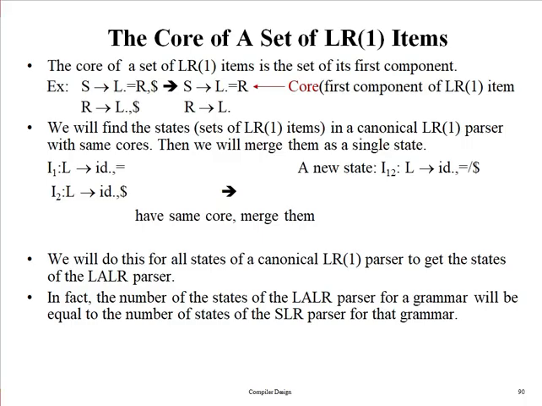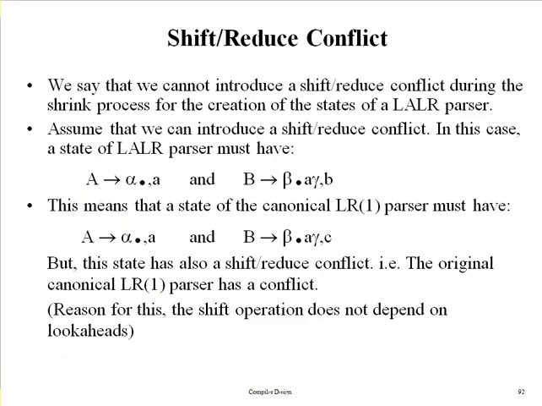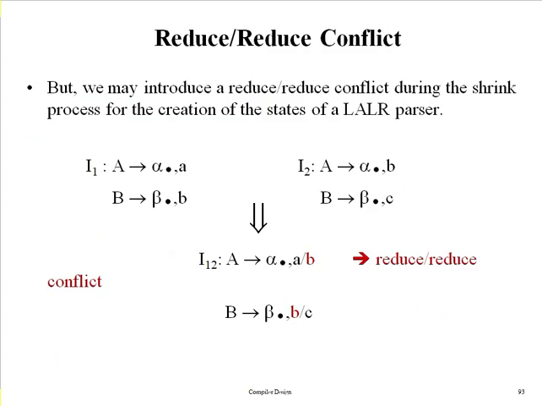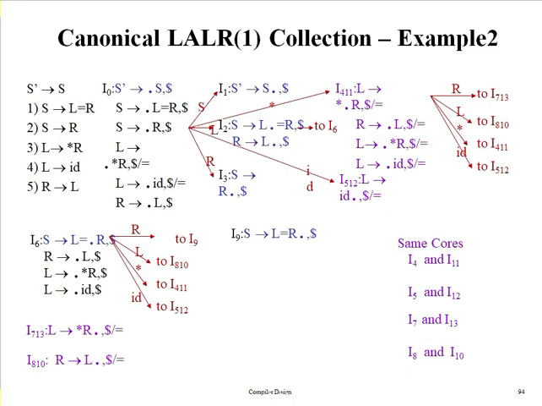Once we have constructed the LR1 collection, we find all possible sets of items having the same core. In the previous example, items I4 and I11 have the same core, I5 and I12 have the same core, I7 and I13 have the same core, and I8 and I10 have the same core. So we just merge them together.